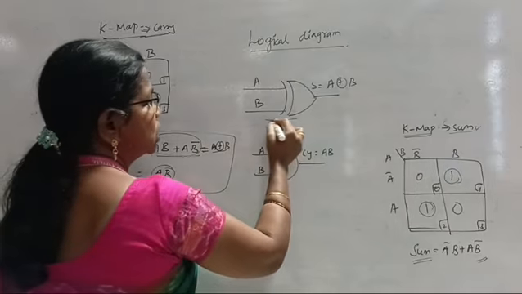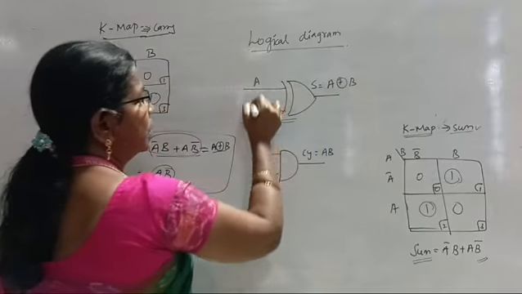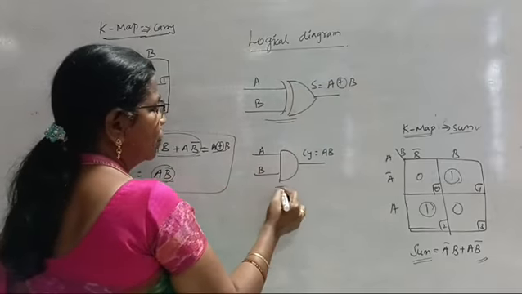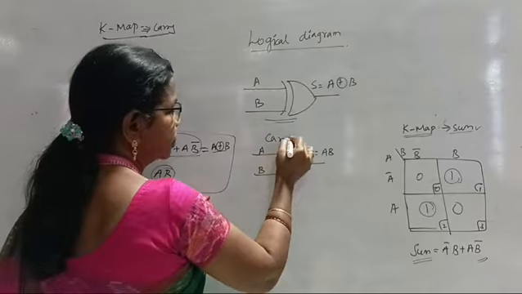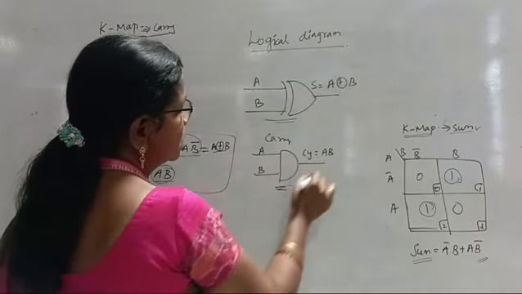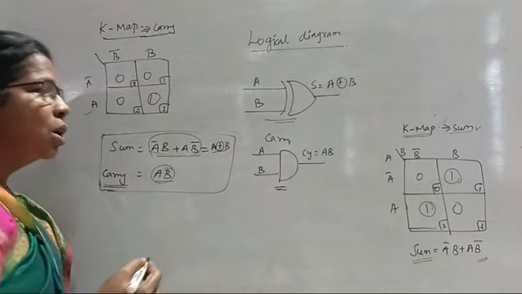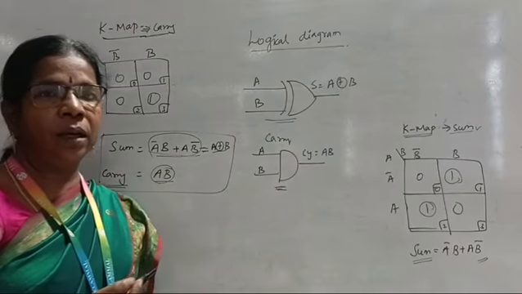So the logical diagram for sum is the XOR gate, and for the carry it is the AND gate. Like this we can understand the working of the half adder.